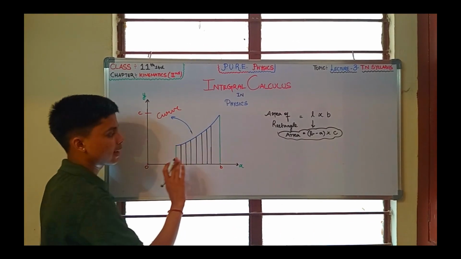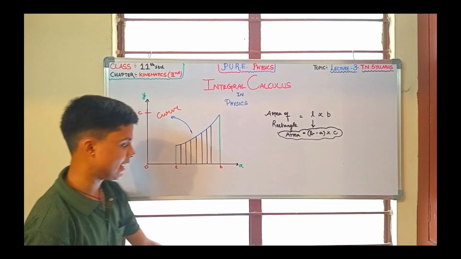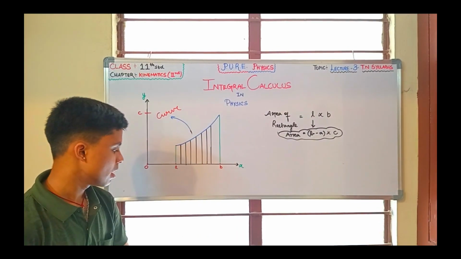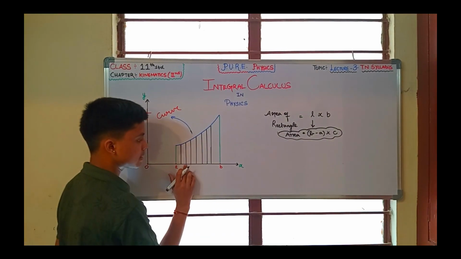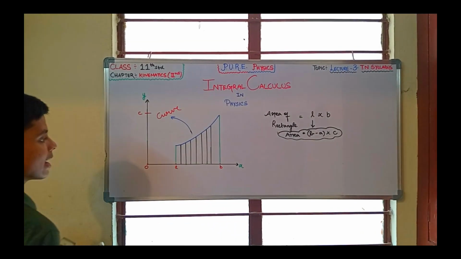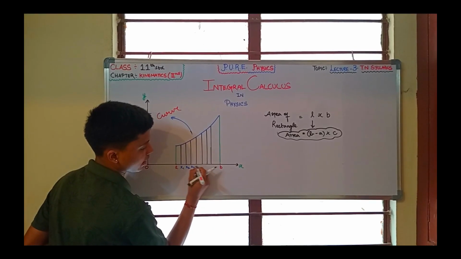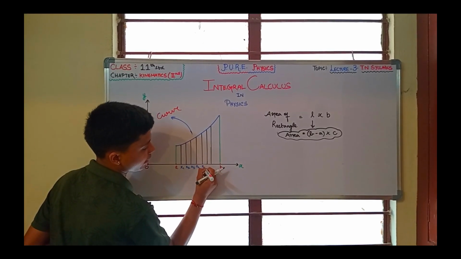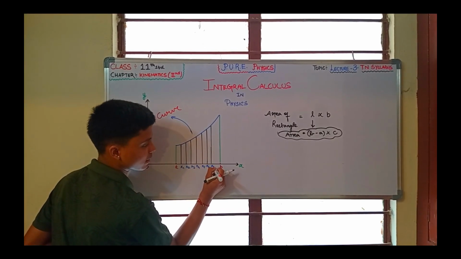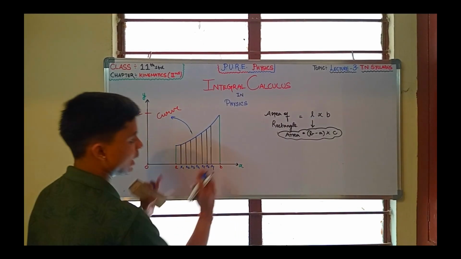Now these are the rectangular strips that have equally divided the given area. Now I'm going to name the end points of the strips that are touching the x-axis as x1, x2, x3, x4, x5, x6, x7. So there are 7 strips I've drawn between A and B.